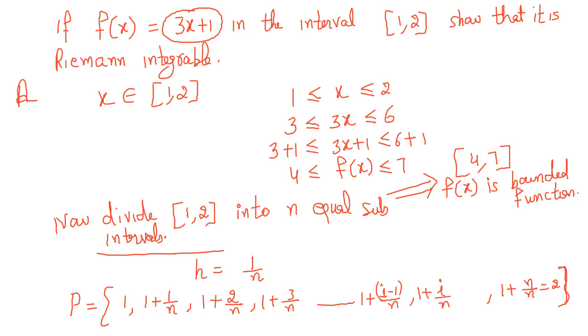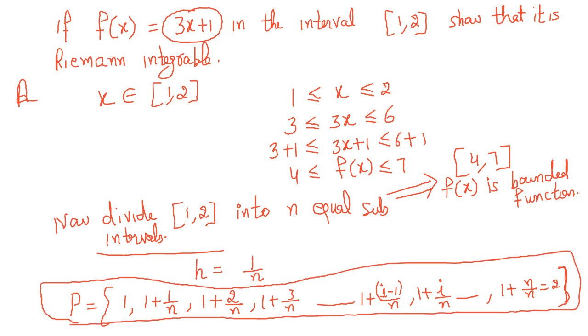I hope you understand how to do the partition. Just remember, h is 1 by n. We have to take the partition in this form: 1, 1 plus 1 by n, 1 plus 2 by n, 1 plus 3 by n, 1 plus (i minus 1) by n, 1 plus i by n, and last is 2.